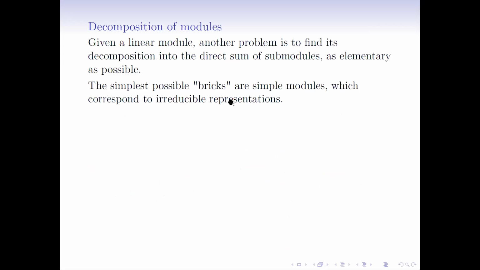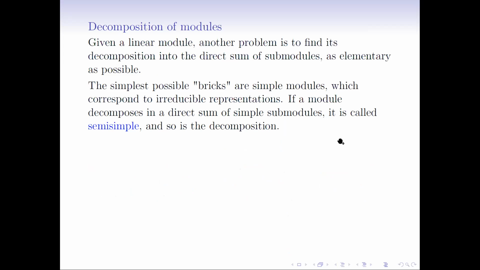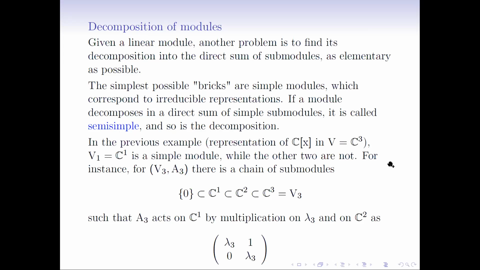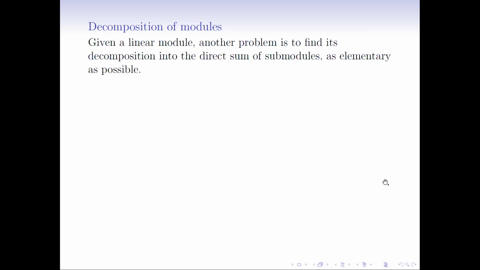The simplest possible submodules are simple modules, of course, which do not have any non-trivial submodules themselves. If a module decomposes into a direct sum of simple submodules, it is called semi-simple, and the decomposition is also called semi-simple. So in the previous example, the first module is simple and the other two are not.